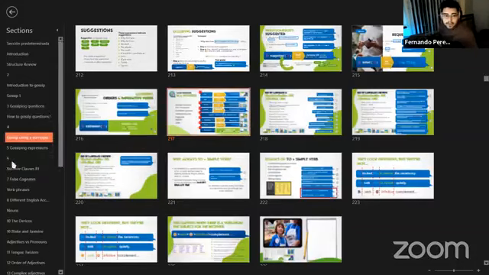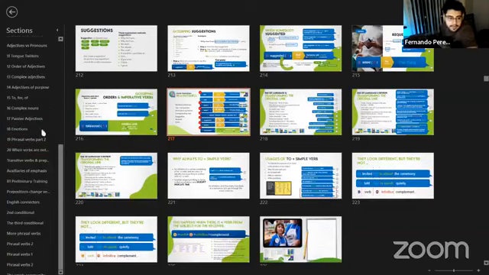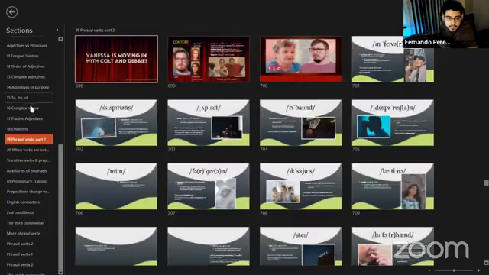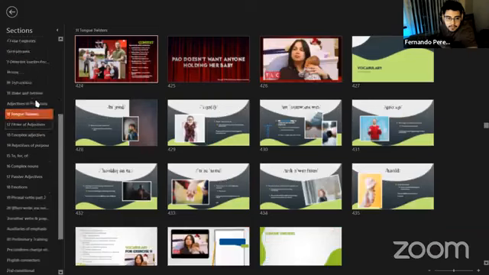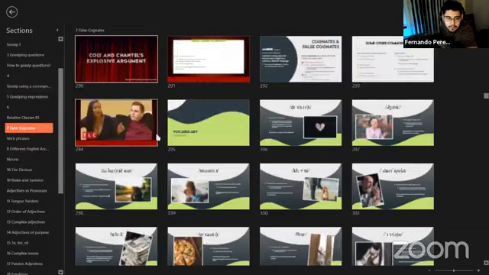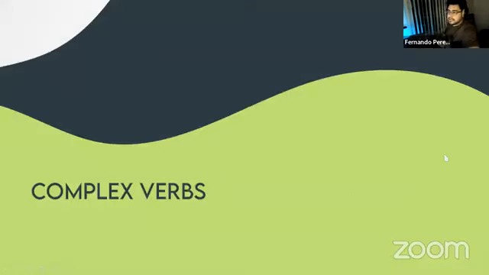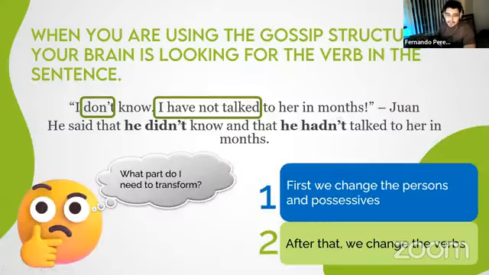This is number 309. Complex verbs. We need to understand the difference between one verb and another, what's the principal verb, what's the composition of an idea, etc. This class is super important for understanding the mechanics in English. Pay attention, guys. This is super important.